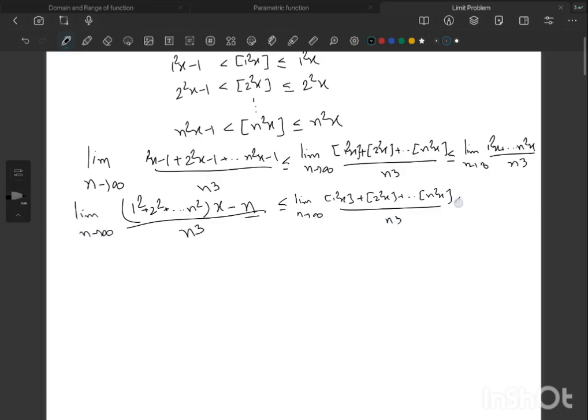Since we take x common, this becomes the sum of squares of the first n natural numbers. Apply the sum of squares formula to both terms: n into n plus 1 into 2n plus 1, divided by 6 n cube, into x, minus n divided by n cube. The limit stays as it is.